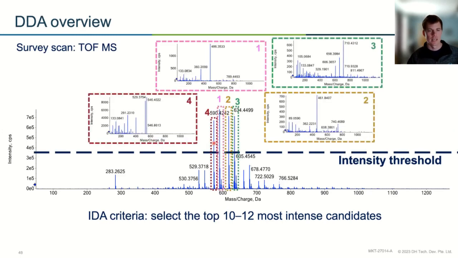So the data that we obtain is full scan data, so we know these compounds are present in the sample. Then we get, for this peak, a full fragmentation spectrum. For this peak, a full fragmentation spectrum, et cetera. So that is really going to improve the confidence in our analysis. We can do library searching and non-targeted analysis.